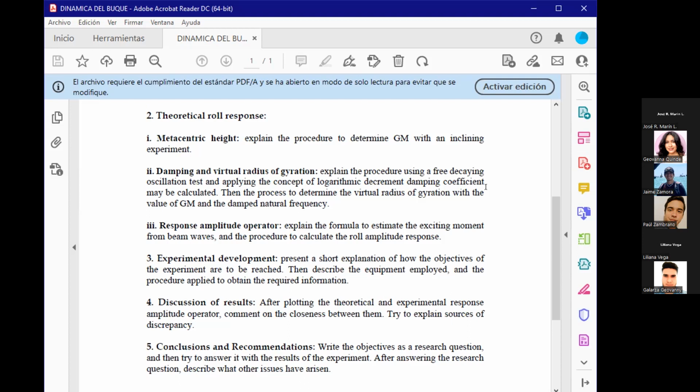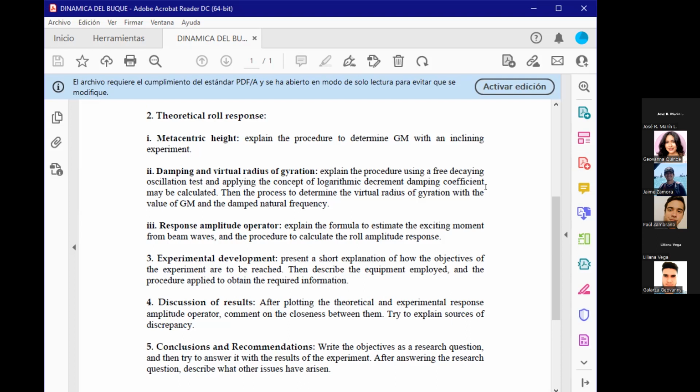Please see that there is a difference between the first sentence and the second one. The first one is very general, it's philosophical. You are expected to try to reach the objective. That's what I want you to tell me first. Then after you say, this is the equipment that we're going to use, this is the procedure that we're going to apply.